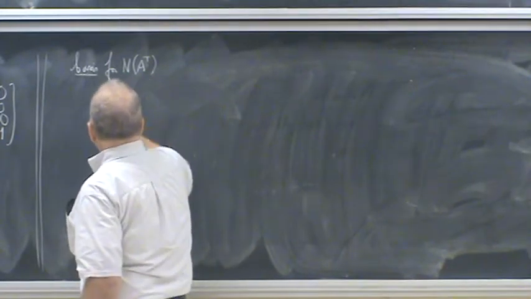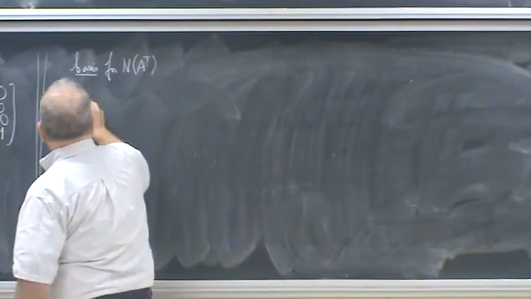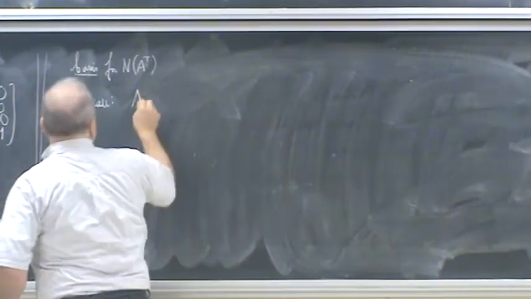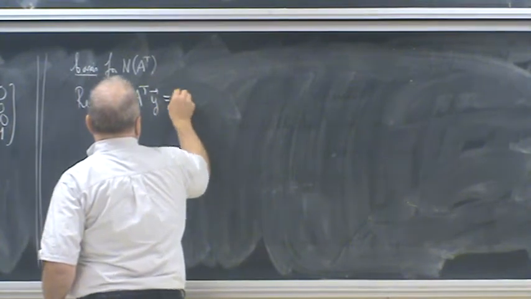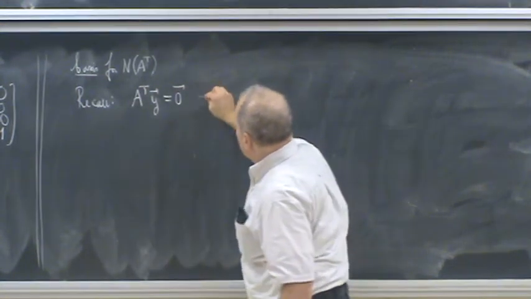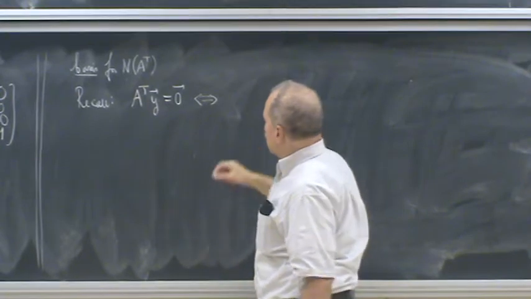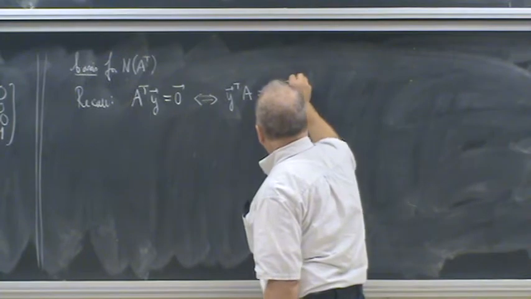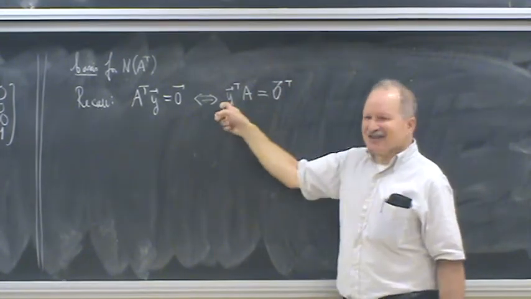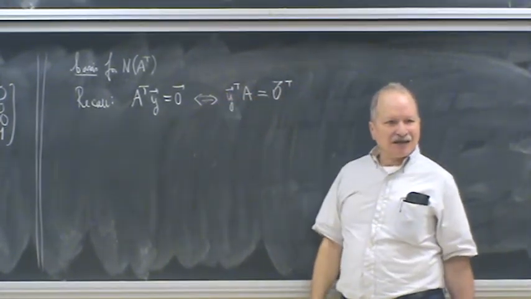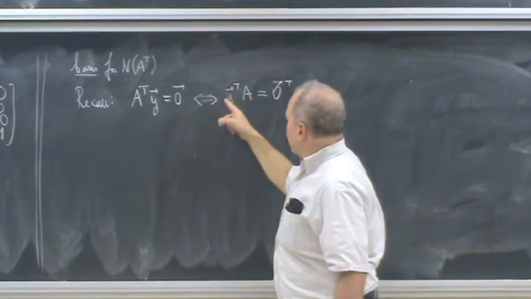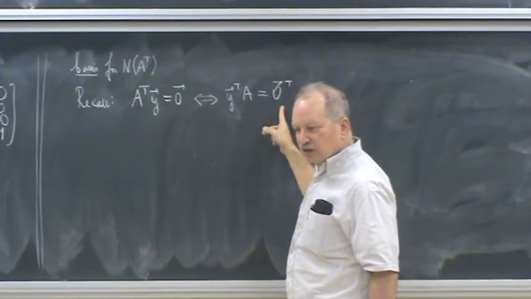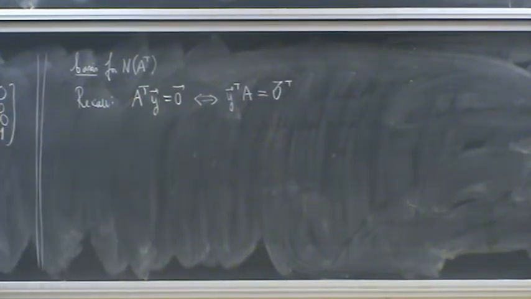So vectors, remember, in the null space of A transpose, if you have a vector that satisfies this, then if I transpose that equation, I can think of it this way, which is why it's called the left null space, because it's null from the other side. But now when you look at it, it's saying what vectors multiplied on the left by A give me 0. So that's doing what linear combinations of the rows.